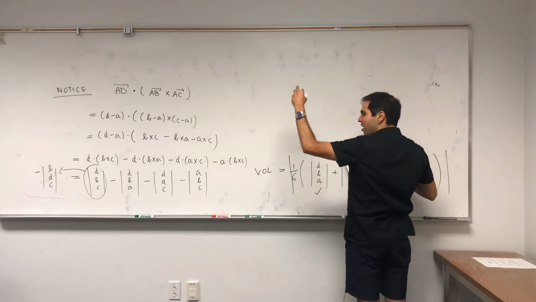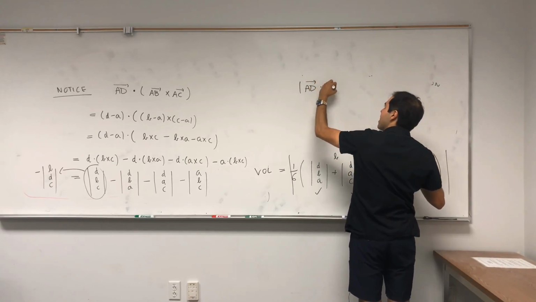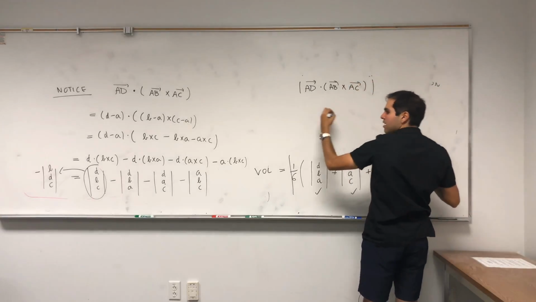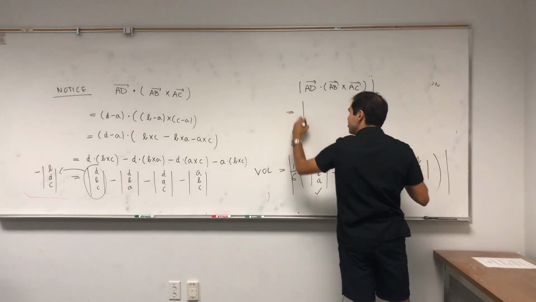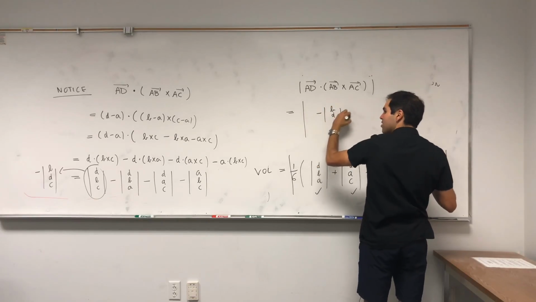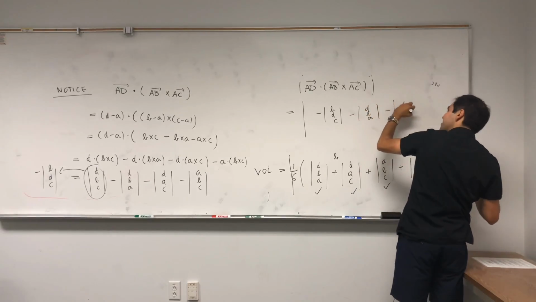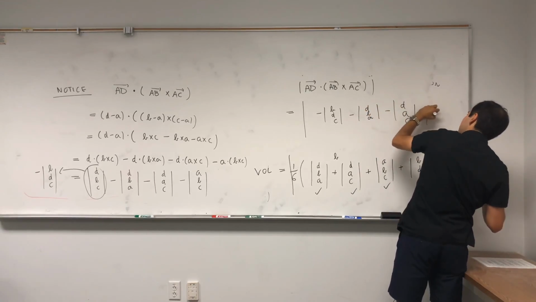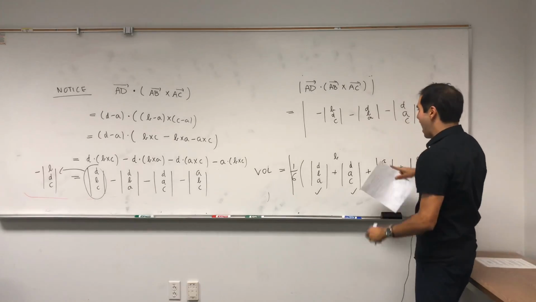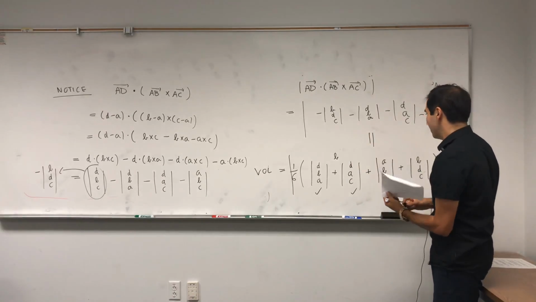So what this becomes is the absolute value of AD dotted with AB cross AC, that's the absolute value of all other things, so minus BBC, minus DBA, minus DAC, minus ABC. And because we get absolute value, we get this equals the absolute value of that.